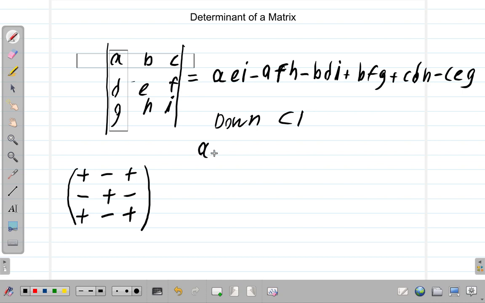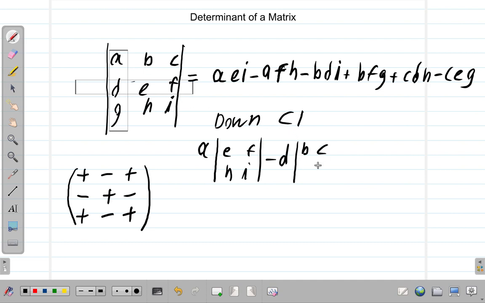This is A, and then we have uncovered elements E, F, H, I. And A is a plus. Then we go down the column, cover D. D is a minus, so I have minus D. Uncovered elements B, C, H, I.